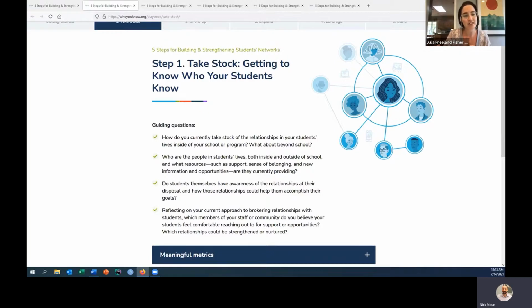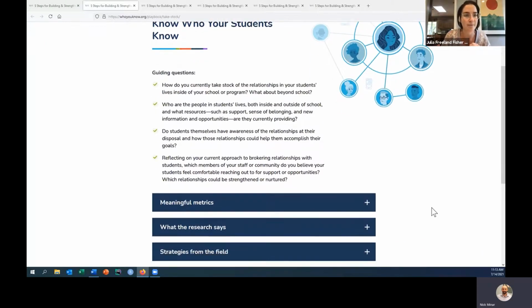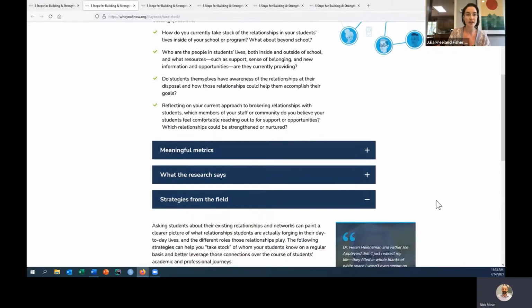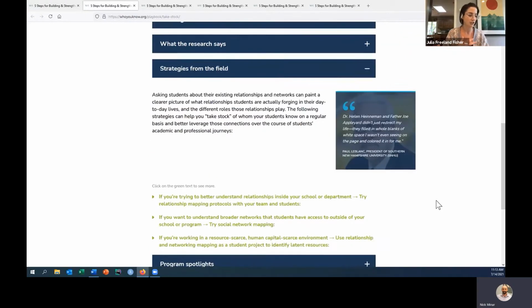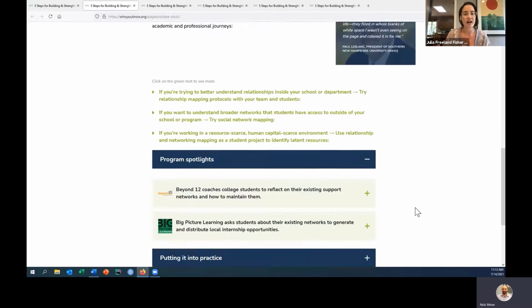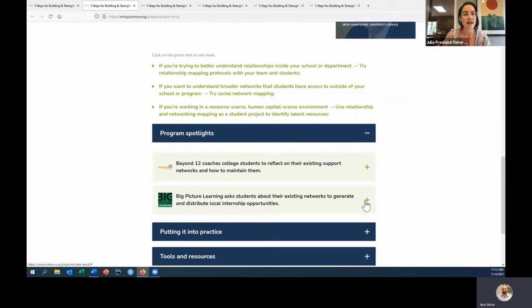We highlight a couple strategies here. I just want to call out one that feels like a close cousin to what I know a lot of NAF programs might appreciate. The Big Picture Learning Network, which is a network of internship-based learning high schools across the world, is one of our program spotlights.